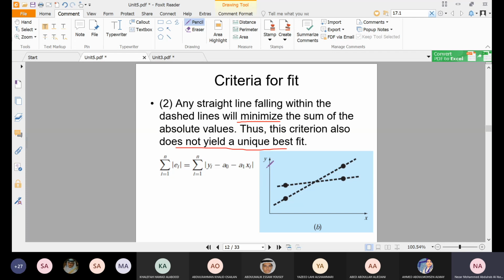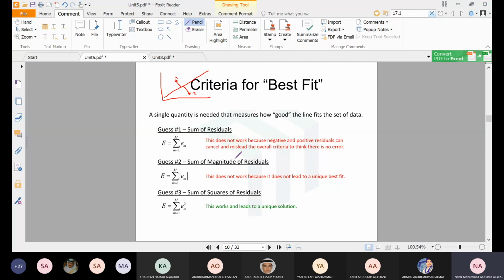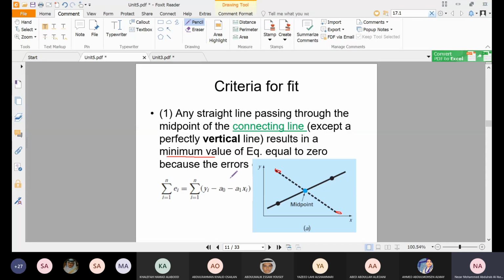So we look for something that will provide us a unique solution. Because the effect of the sign of the error will be eliminated, but the solution is still not a unique fit. And in the previous one, we also have the problem, and in this figure we have the problem with positive and negative errors that can cancel each other.